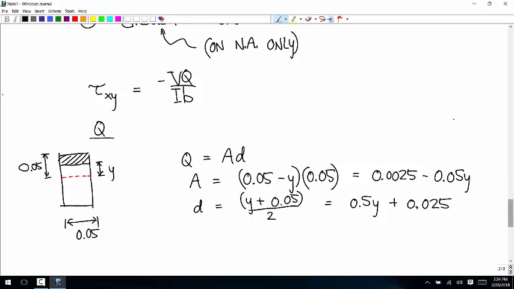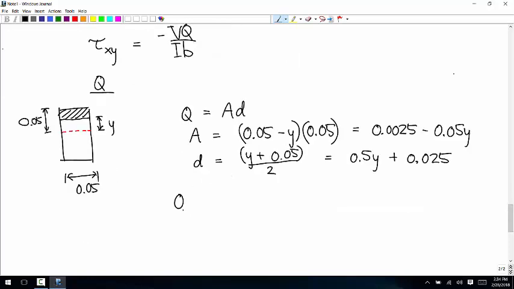And now we have to multiply those. So Q is equal to 0.0025 minus 0.05 y, times the quantity 0.5 y plus 0.025.